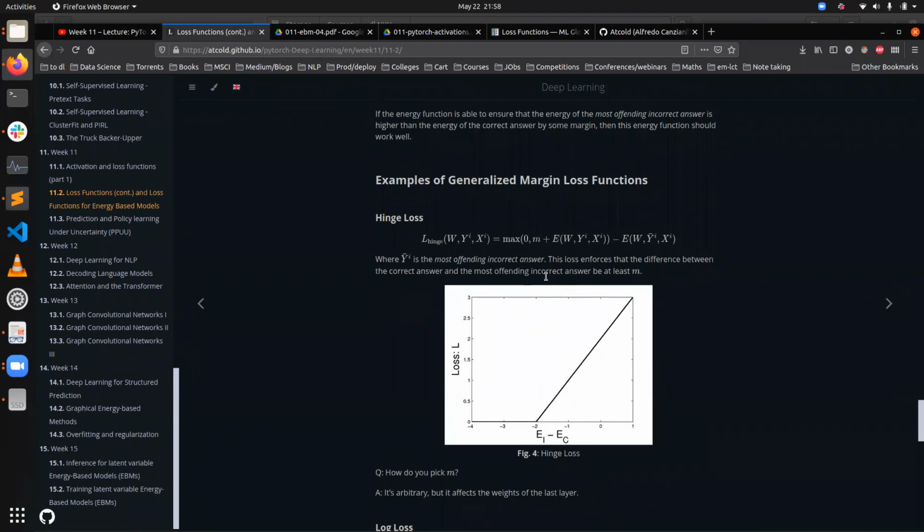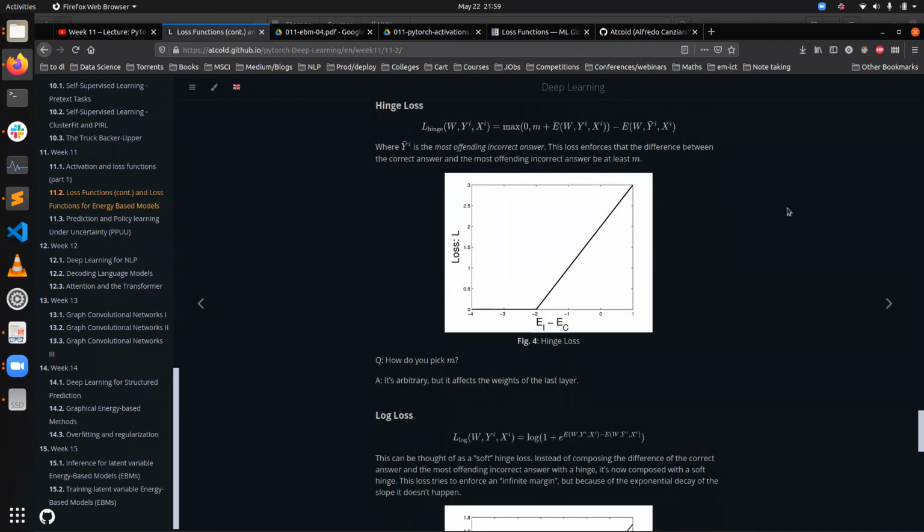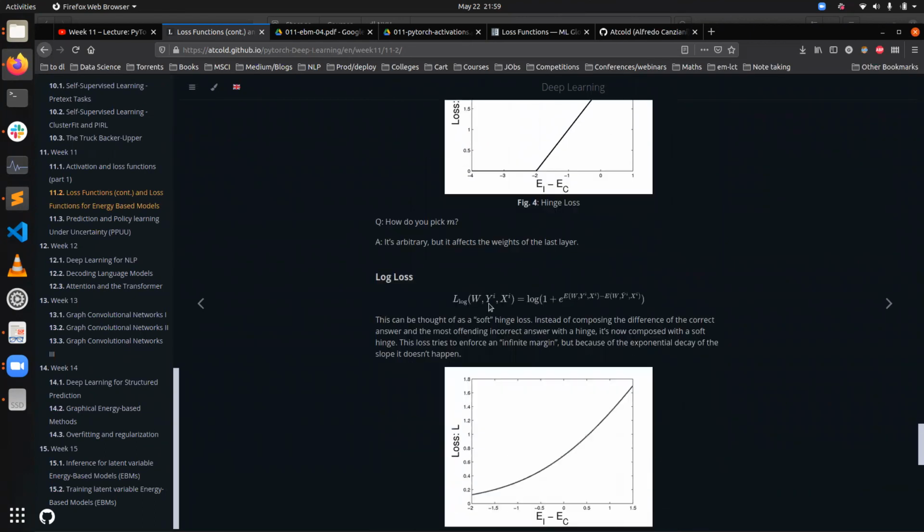So the loss is 0 when this energy is m lower than the lowest one. M is arbitrary, but it affects the weight of the last layer.